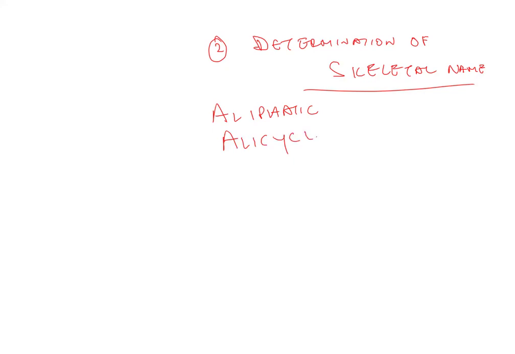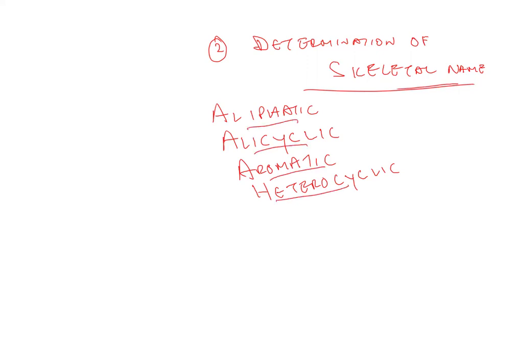I did the classification, so if you watch that video, you will see what is aliphatic, what is alicyclic, aromatic, or heterocyclic. So the skeletal name, we find whether it is aliphatic, alicyclic, aromatic, heterocyclic by first identifying the functional group with the highest priority order.